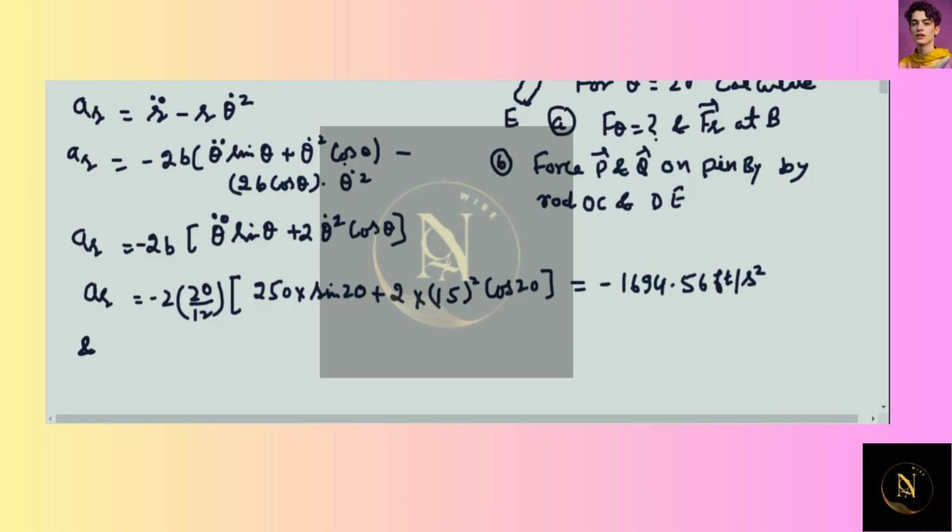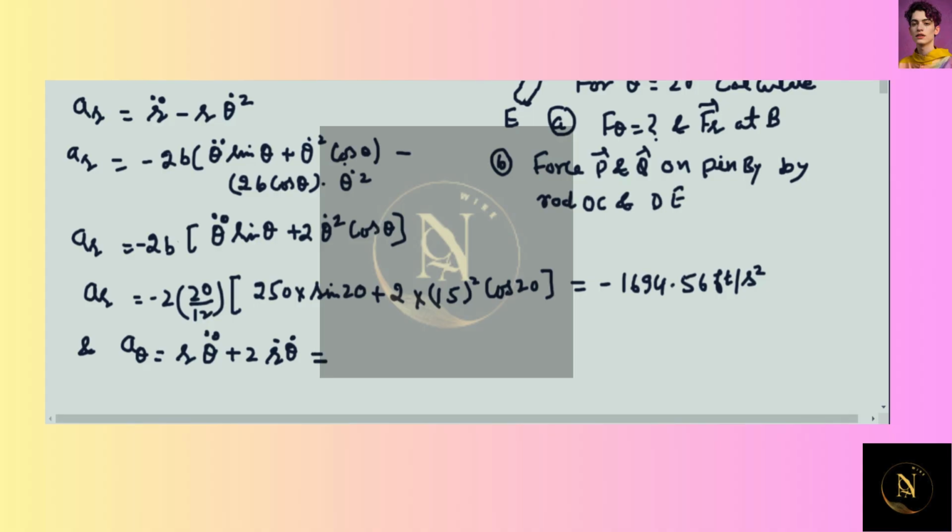And transverse acceleration is r into theta double dot plus 2 r dot theta dot.